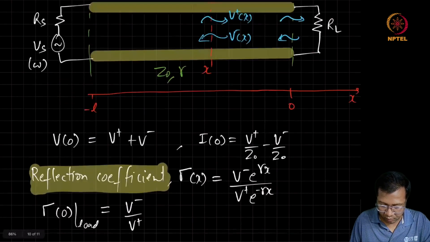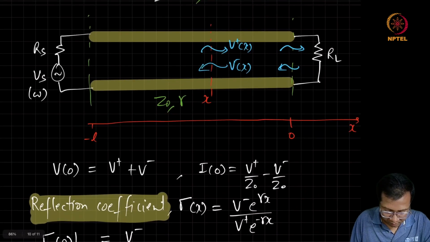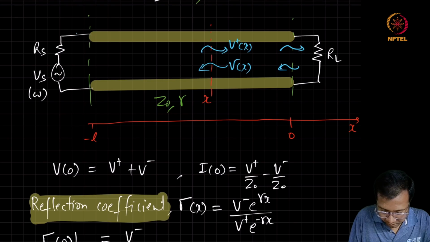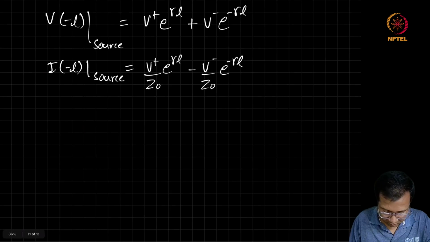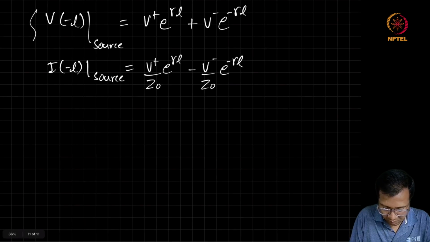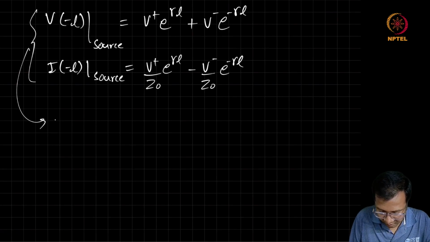So if we want to find out the looking-in impedance from the source side, Zin, it is nothing but the ratio of this voltage and current.